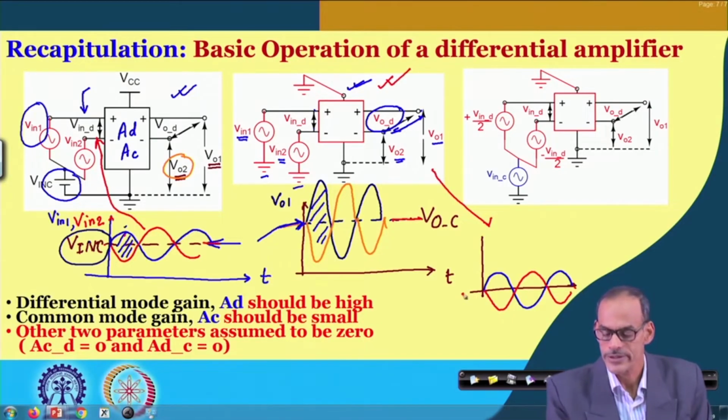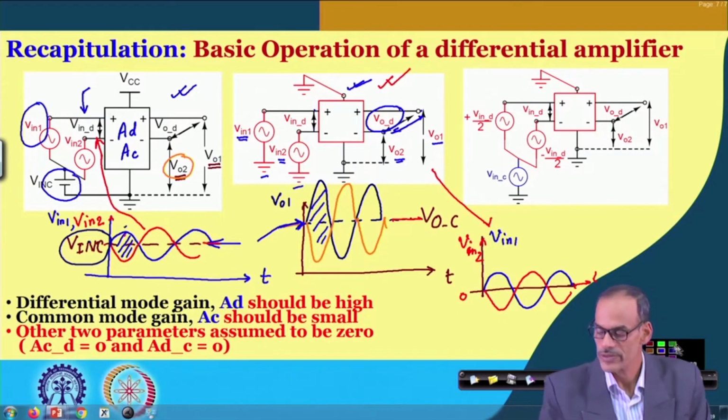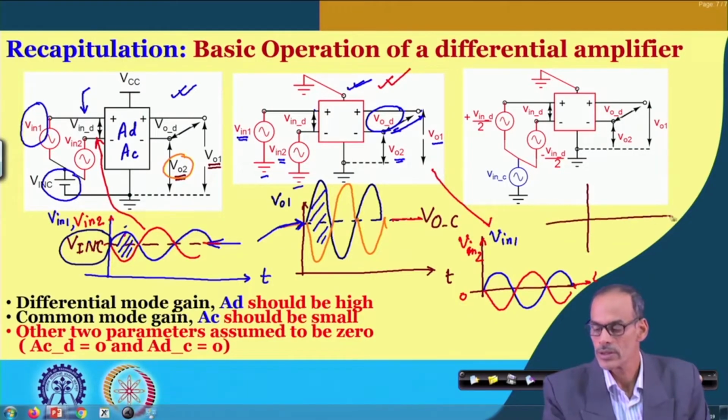This is the 0 level, this is small v in 2, and the blue one is small v in 1. Likewise, when you see the output signal, there also we will be discussing only the signal part, not the DC part.